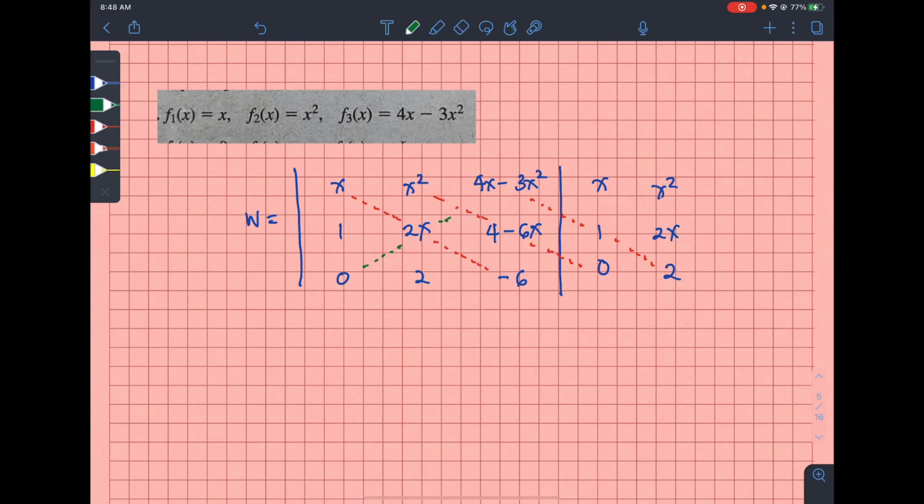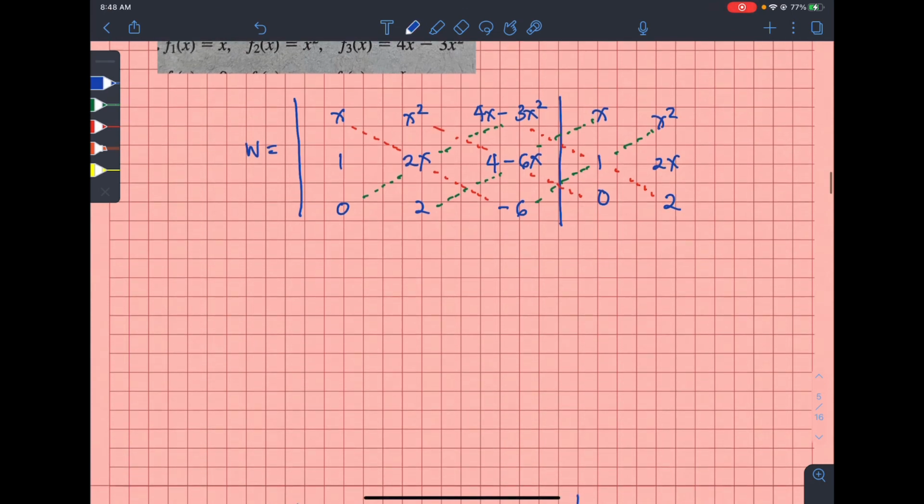So this is the upward product, product of the second diagonal, and product of the third diagonal. So W, the first diagonal, is x times 2x times negative 6. That would be negative 12x squared.